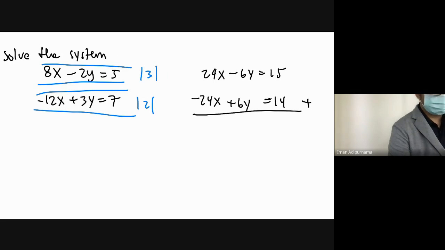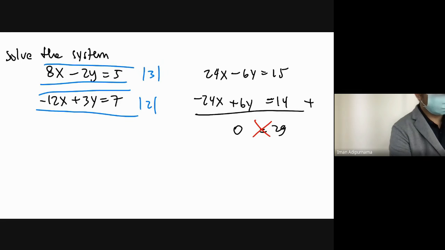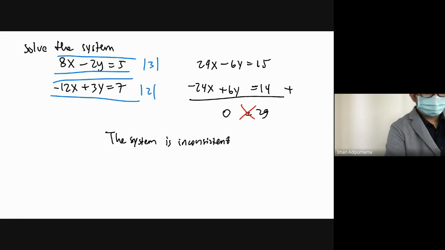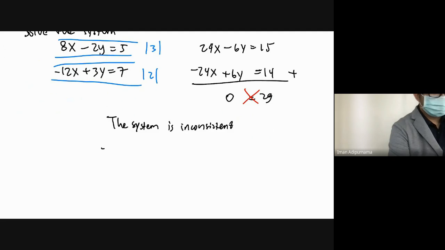When we add this, this will result in 0 equals a nonzero number, which is not logical at all, right? We call this system inconsistent, and the linear system has no solution.